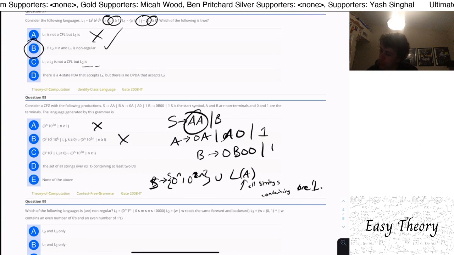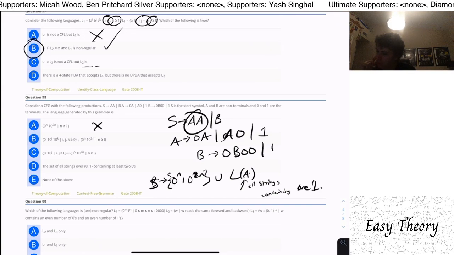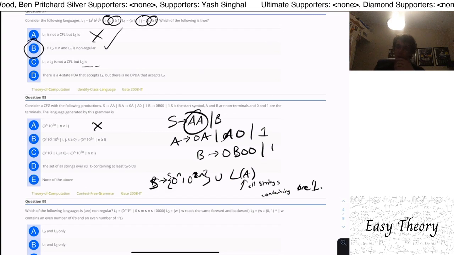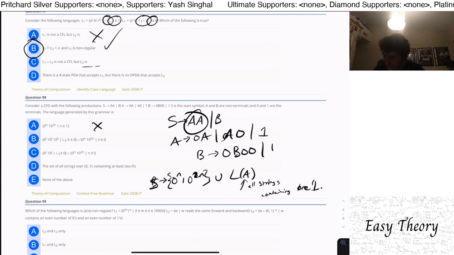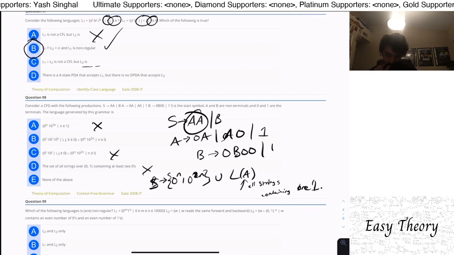Oh, no, it's 2 A's. Okay, never mind. So it's 2. Let's see. So C is definitely not right. It doesn't have to have at least 2 zeros. That's not necessarily true. Could make 2 1s. What about B?